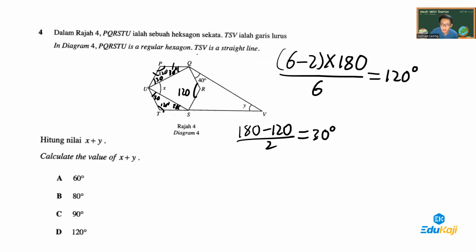Let's say I find it all together, meaning I find x plus y straight instead of finding x and y separately. And I use this. I can find this angle, which is 180 minus 30, 150 degrees.